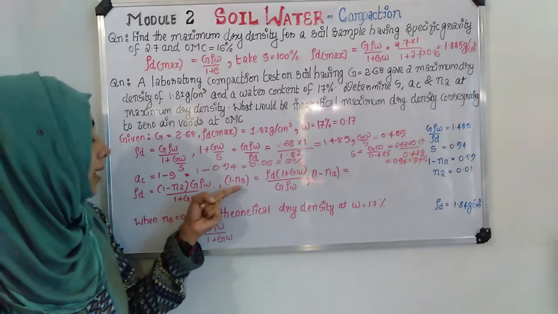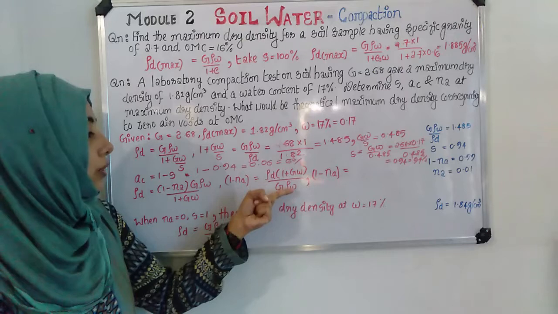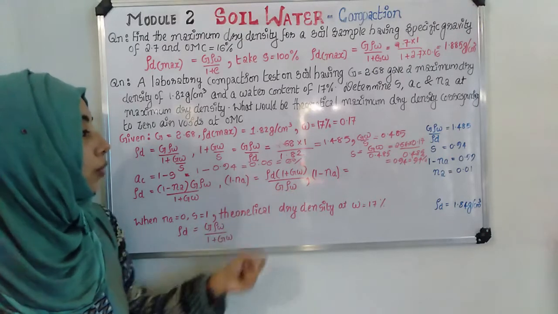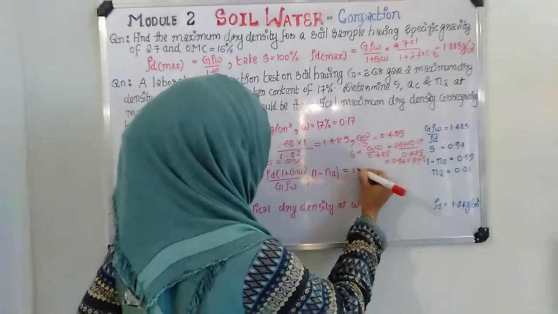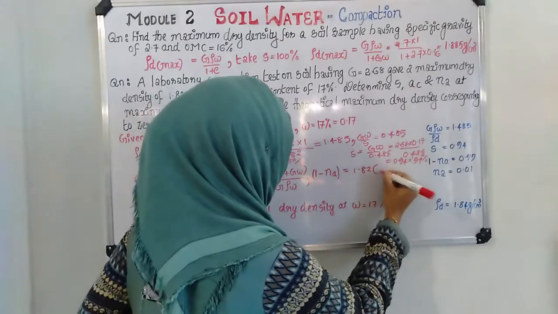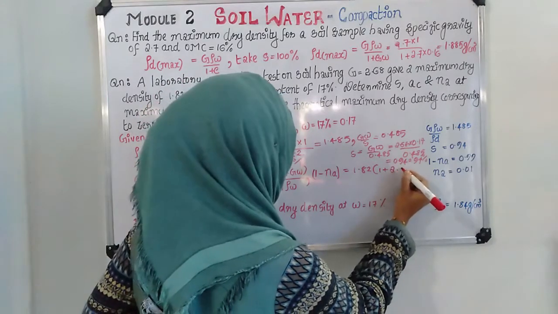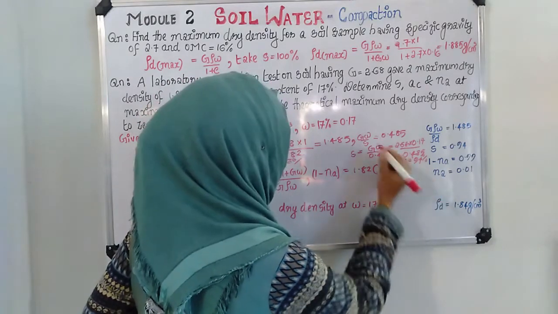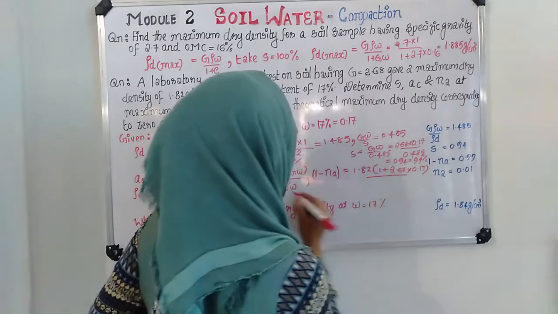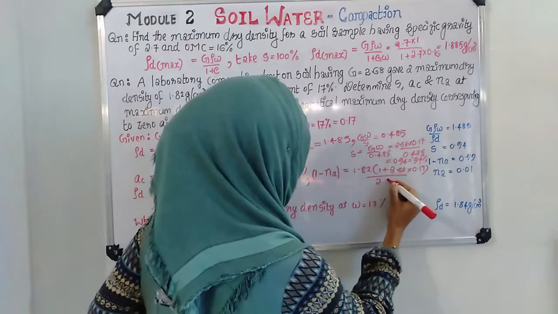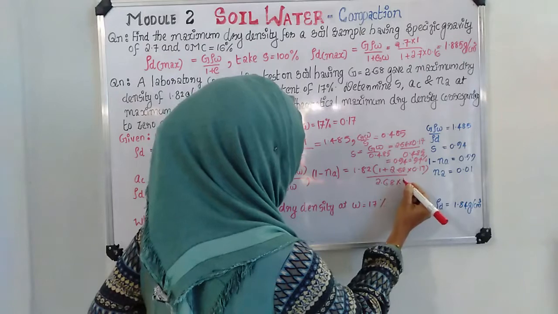From this, 1 minus Na is equal to rho d into 1 plus GW by G rho W. Substituting rho d equal to 1.82 into 1 plus G 2.68 into water content 0.17, divided by G 2.68 into rho W, density of water, which is equal to 1.